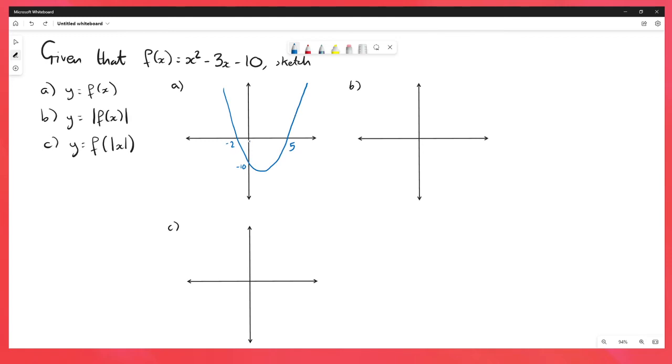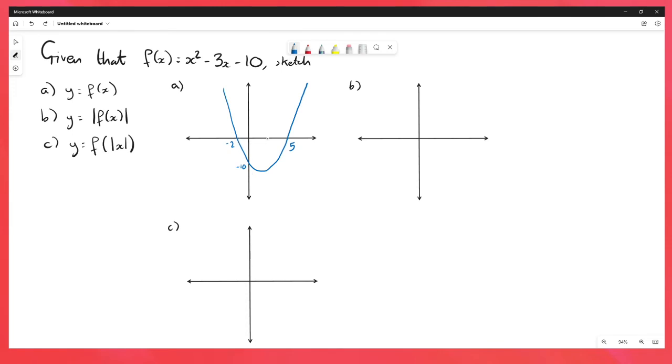So that's going to stay the same. But here, for instance, and anywhere in the middle, we can see when x is 0, the answer is -10. So when we get our answer of -10, we then apply the modulus function, and it makes the -10 into a 10.